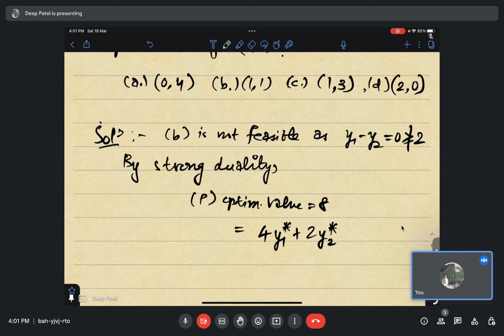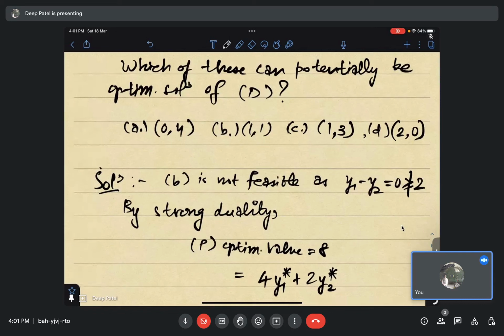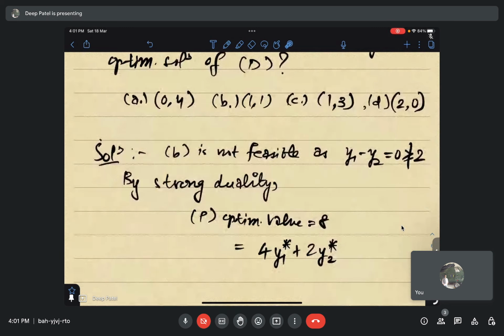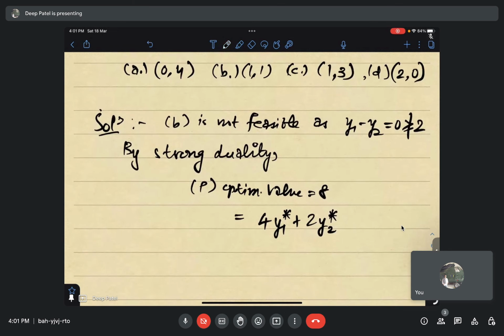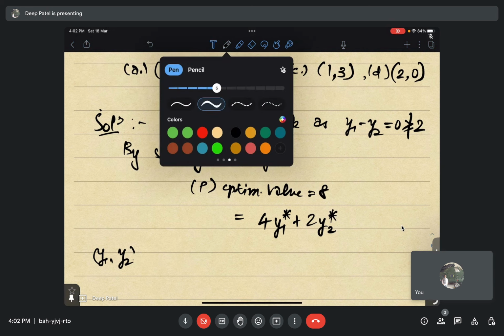So is there any point that satisfies that? We have to check. For example, C, y1 being 1 and y2 being 3, that doesn't work. B is anyway removed, it's not even a feasible point.